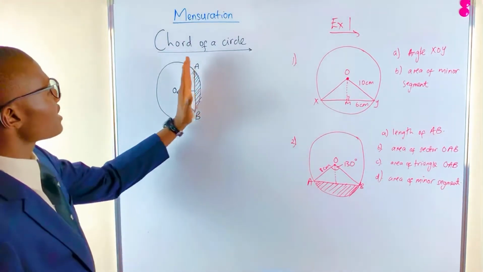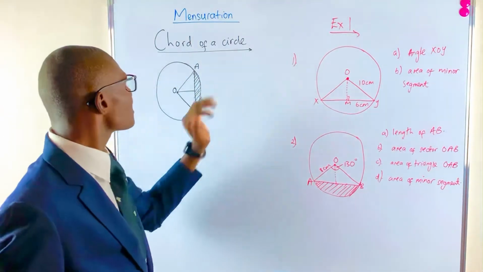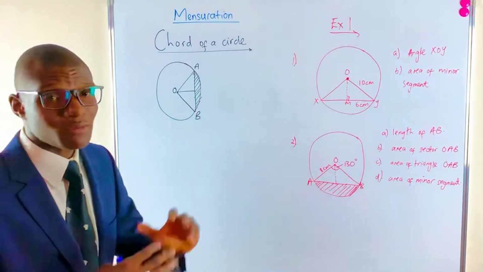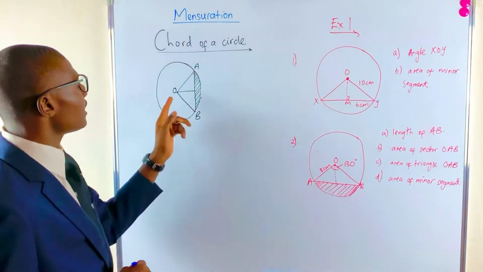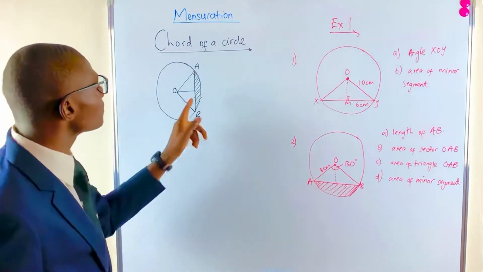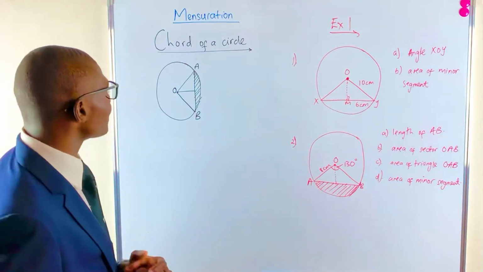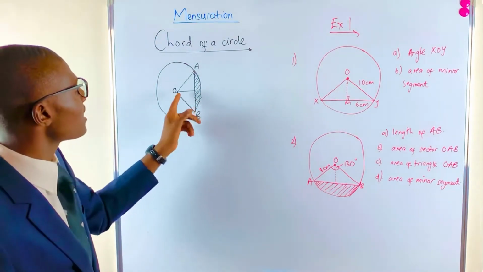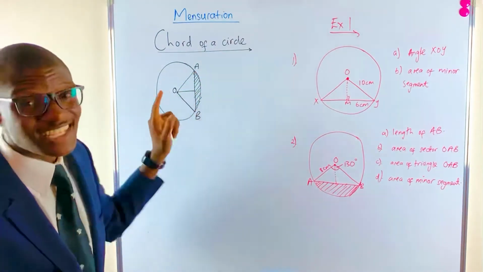So this unshaded part is what we call the major segment, and this shaded part is what we call the minor segment. And as you can see, a line from the center to the midpoint of the chord AB bisects the angle subtended by the chord at the center of the circle.